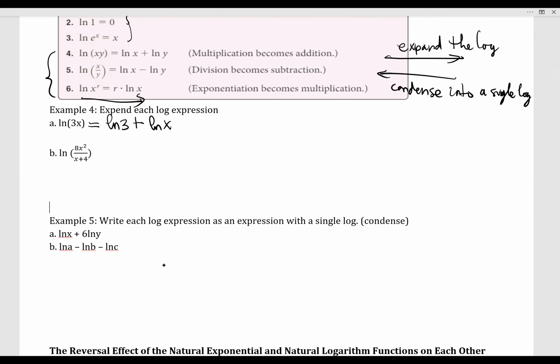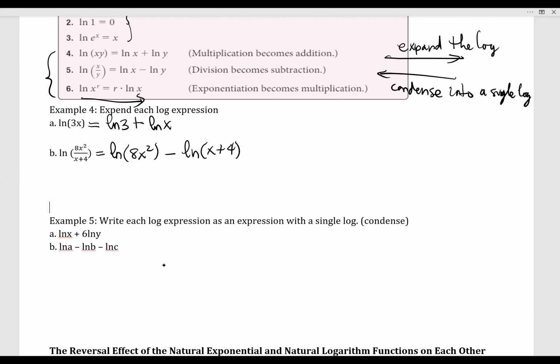So you need to think of it as a division, and since it's a division, you look back at the fifth property, where a division becomes a subtraction. So it becomes ln of the whole top, which is 8x squared, minus ln of the whole bottom, which is x plus 4.